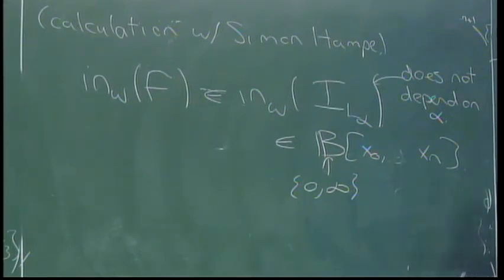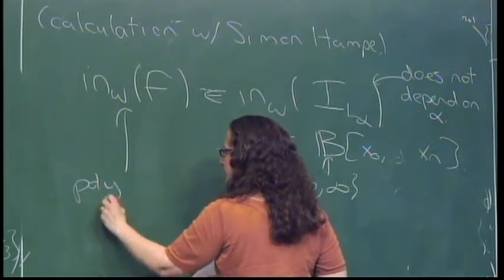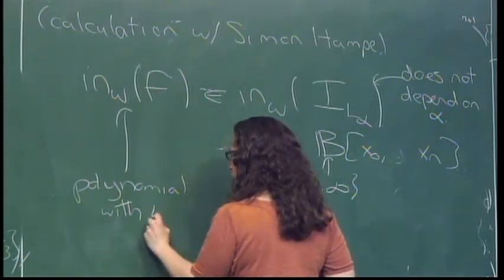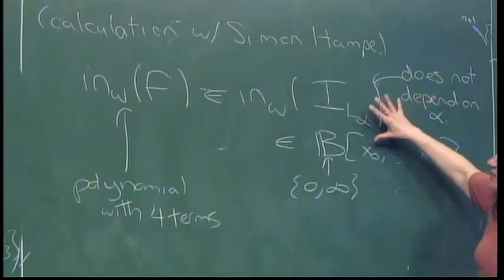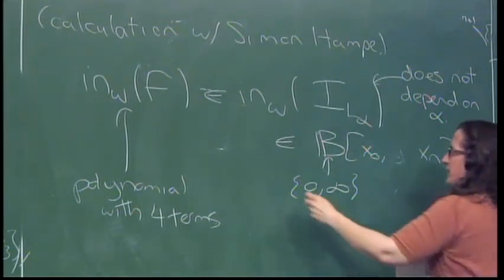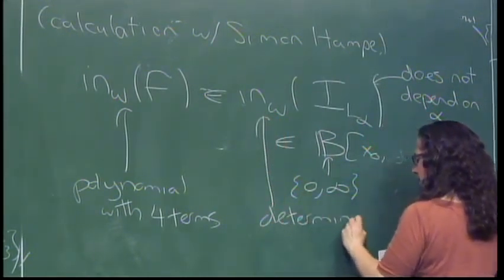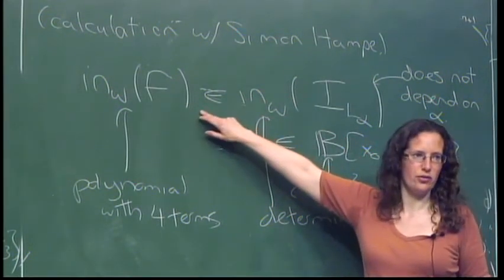The good news is that we know what this is. So this is a polynomial with 4 terms, and this is also easily determined. And then what you do is you say, this is a polynomial of degree 3.